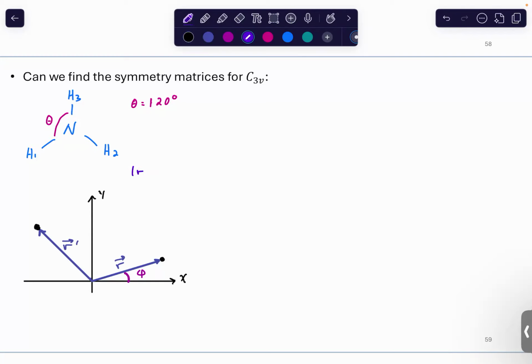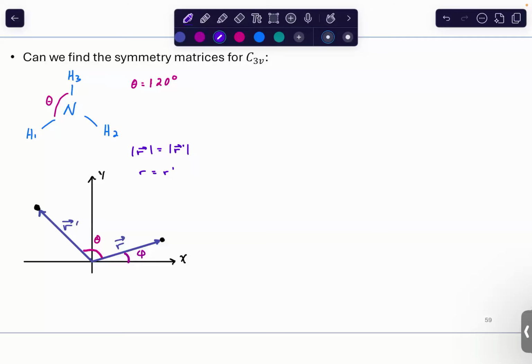Because it's the same vector, we're just rotating it to a new place, through our angle theta. It's like when we do a little rotation and we put H3 in H1's position. To help you out, imagine right here in the center, that's our C3 rotation.